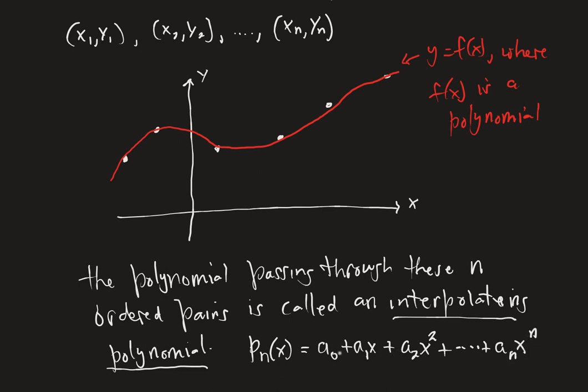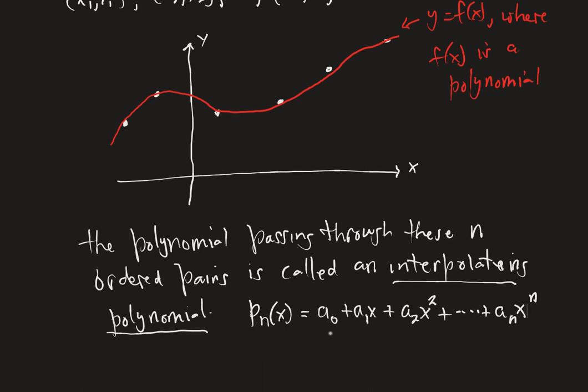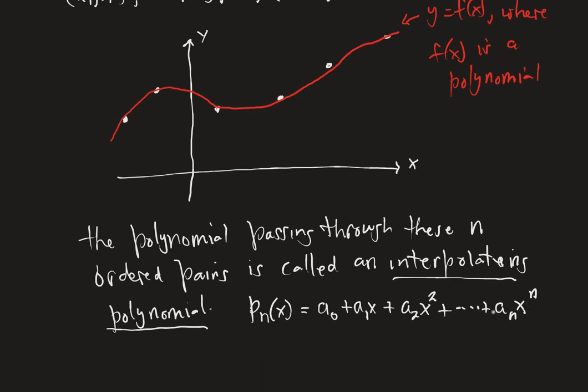If a sub n is not equal to 0, we say the polynomial p sub n has degree n.